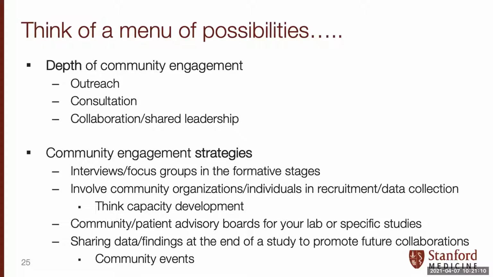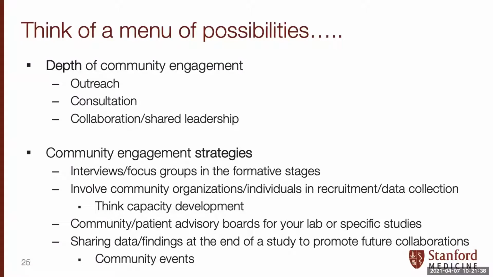Remember, there's a depth in community engagement. Thinking back to that spectrum slide, you might be doing outreach, you might be doing some consultation, whether with patients, community organizations, or clinics, all the way to something more formalized, in which you might have some shared leadership. So think for your study and your research question in particular, where is perhaps an appropriate place?